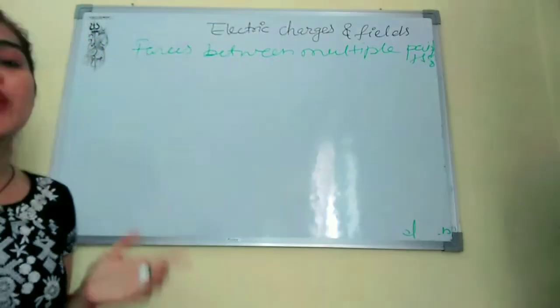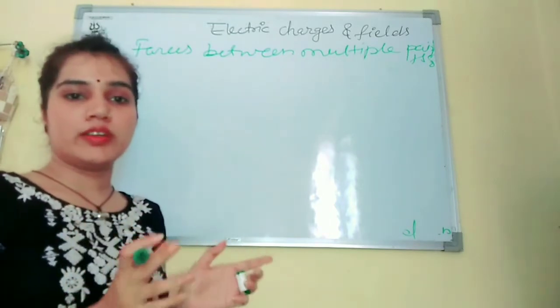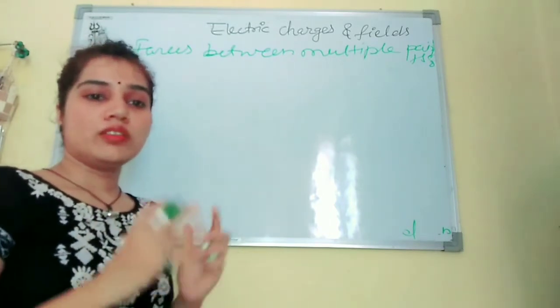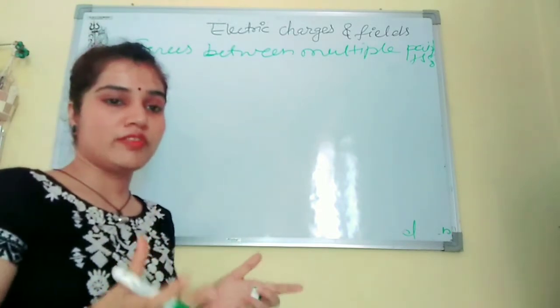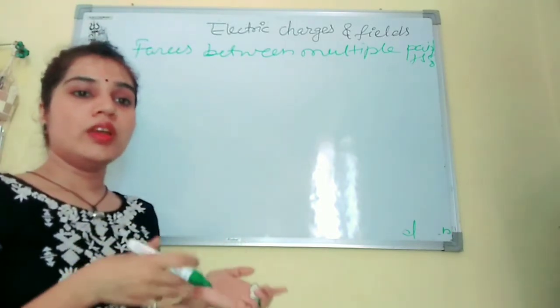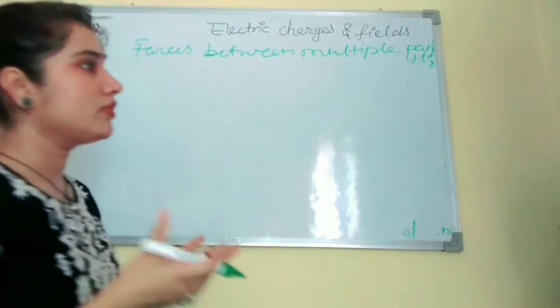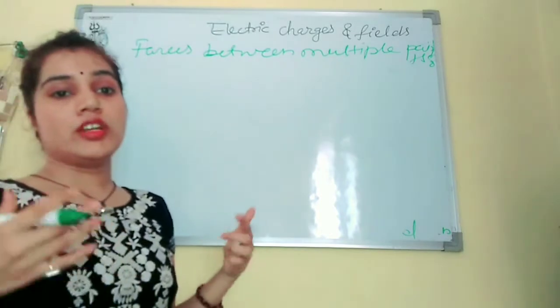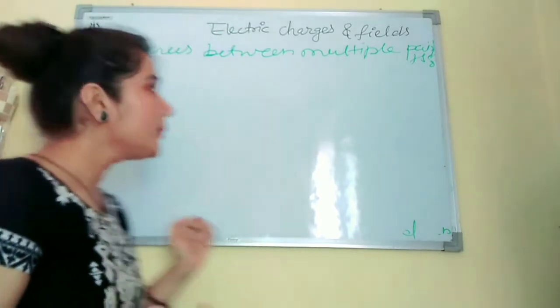In Coulomb's law, we have seen the basic case where two charges were there in a region in vacuum, and we found the force between the two charges, how they apply force on each other. Now today we will see, if in the same region there are many charges placed, how we will find it out.